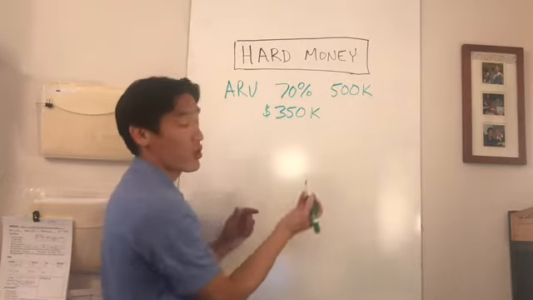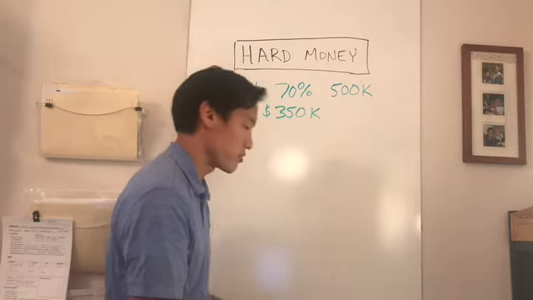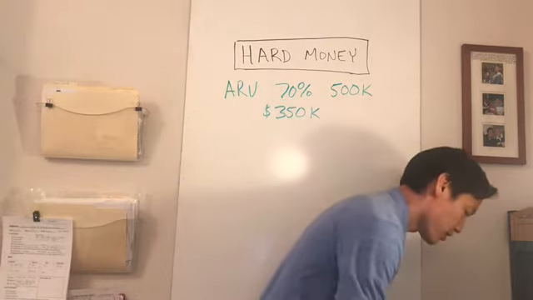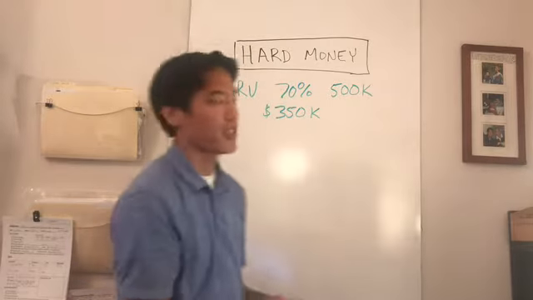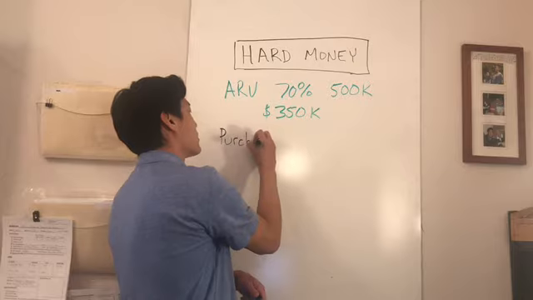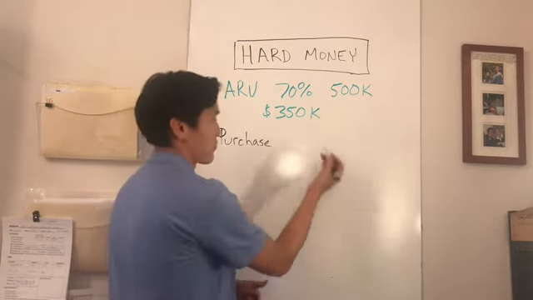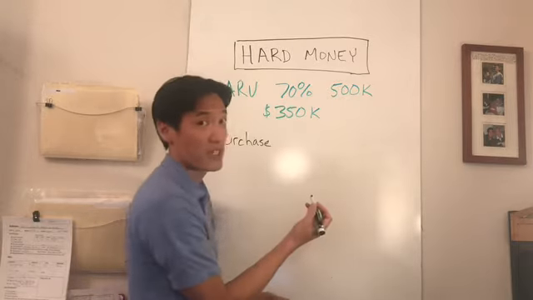That gets broken into two different parts: you have purchase and you have renovation. Usually a hard money lender is not going to lend you 100% of the purchase price. They want you to have some skin in the game.